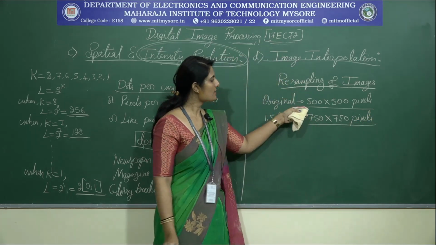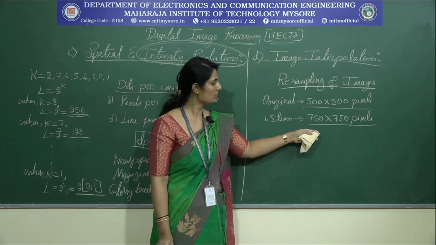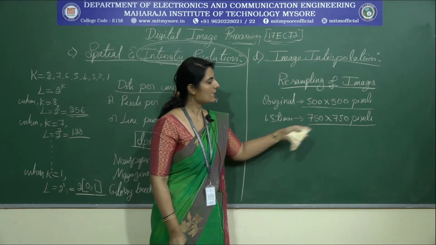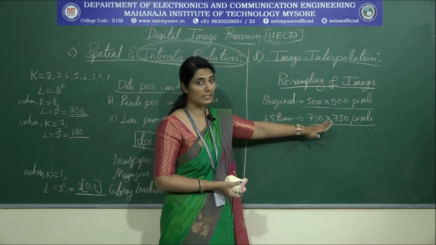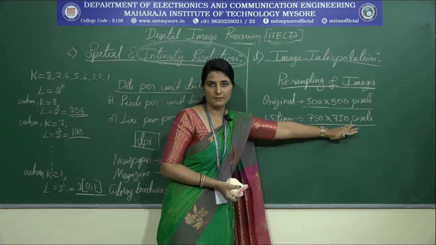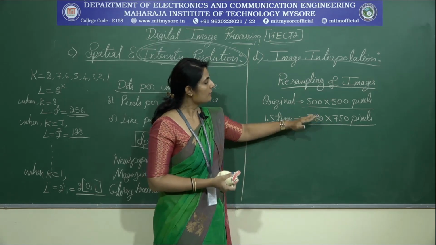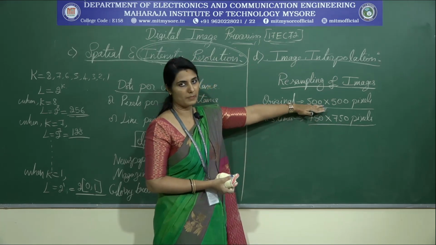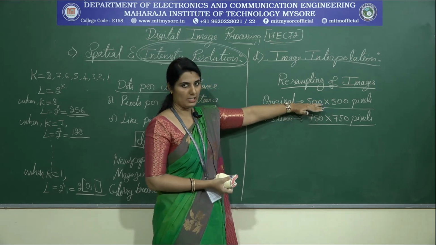So how do we enlarge this original image and convert it into the new size? This can be done by creating an imaginary grid of 750 cross 750 pixels, and then this grid will have the same spatial locations as that of the original image.